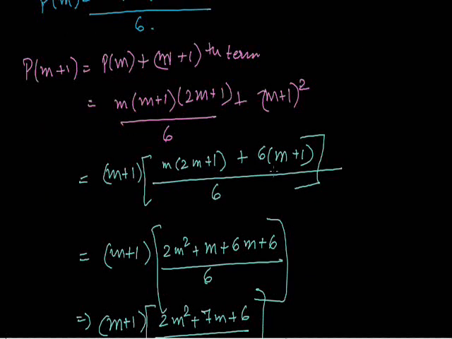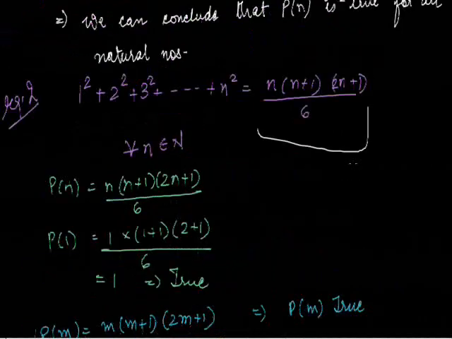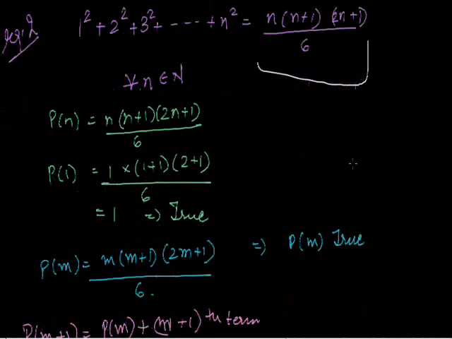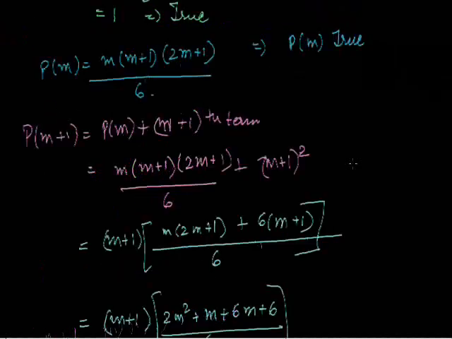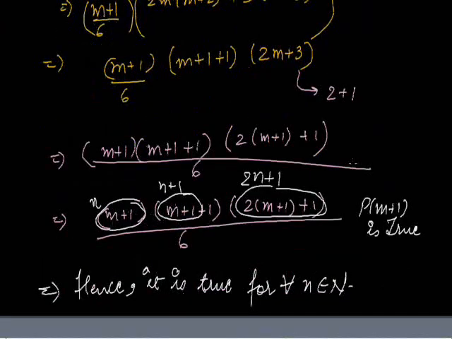Because if we add the (m+1)th term in Pm, what we get is P of m+1, and we can see that it is following the same rule that we mentioned above, that is Pn equals n into (n+1) into (2n+1) by 6. So it is also following the same rule, and if it is true for Pm+1 using Pm is true, then it is true for all values of n belonging to natural numbers.